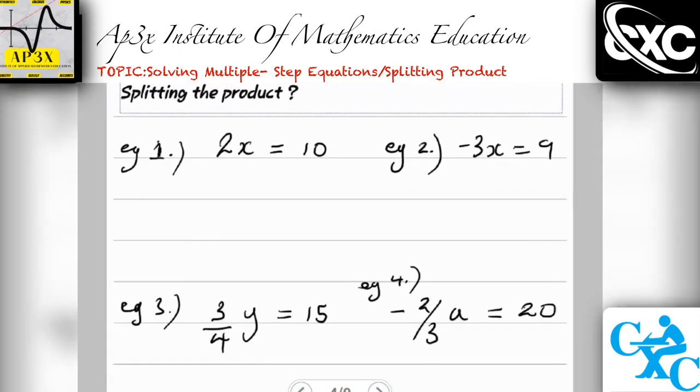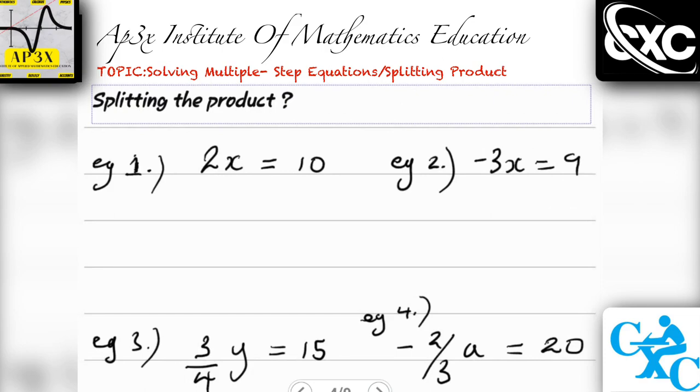Now we're going to be learning how to split the product. You're going to be solving an equation as you go through the problem from step 1 to step 2, step 3. You're going to eventually get to a point where you're going to meet up on this situation more often than not. And so here we have to isolate the variable, say x.